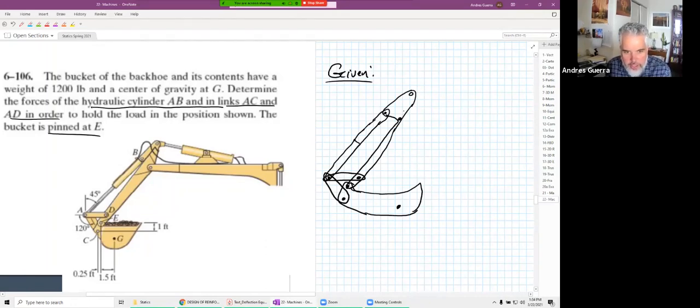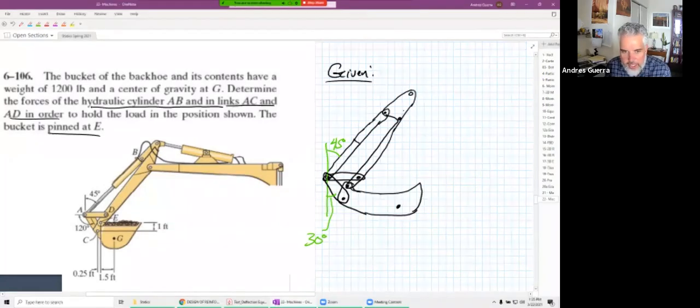Let's get some geometry on here. They tell us that this angle right here is 45 degrees. Basically what they're telling us is that this angle right there is 120, but we have to subtract 90, so that's 30 degrees right there. And then they give us a couple of horizontal distances.